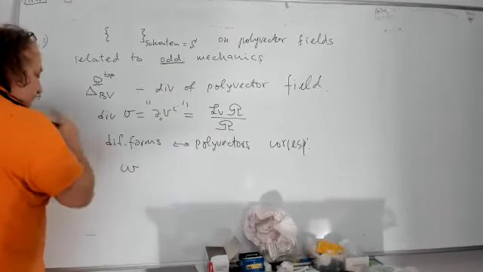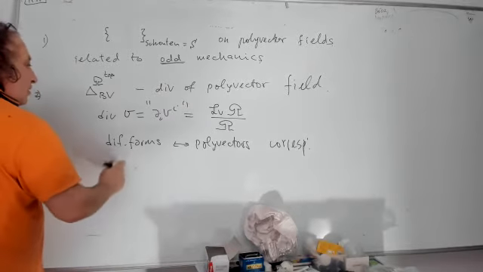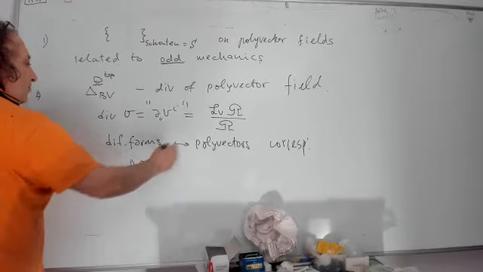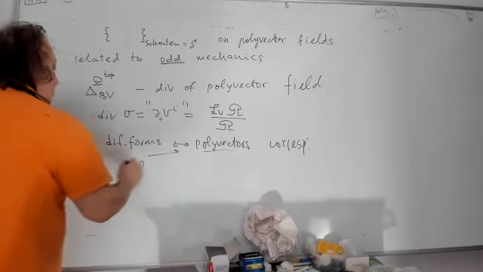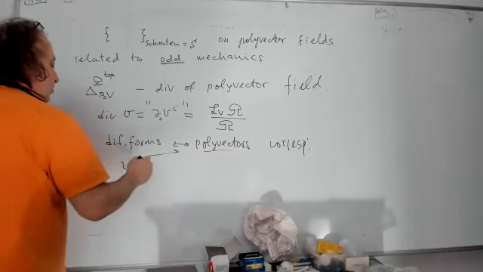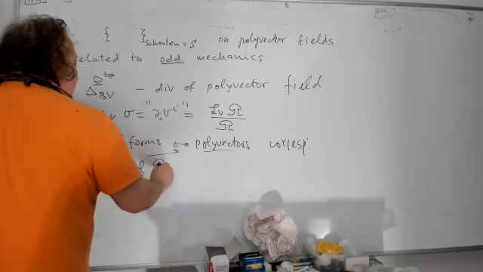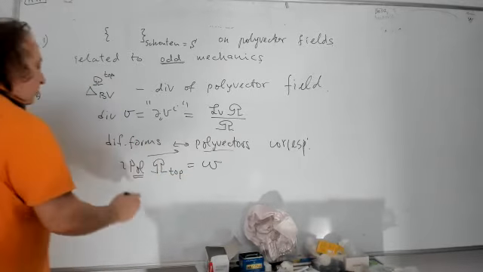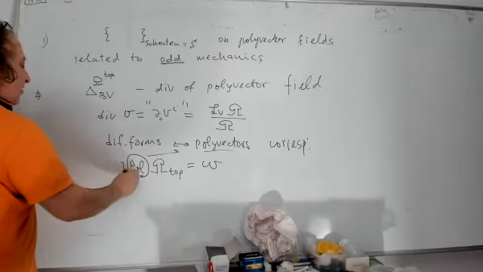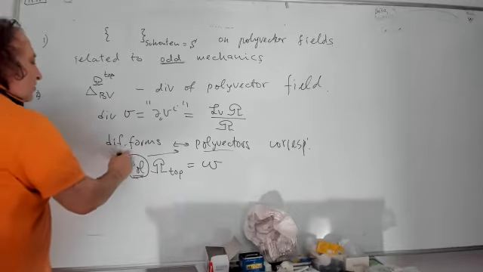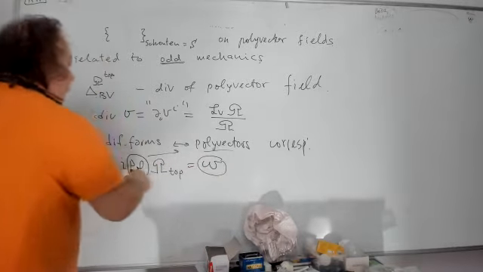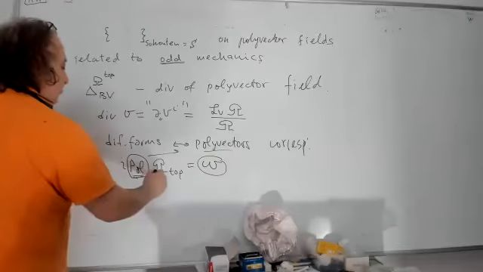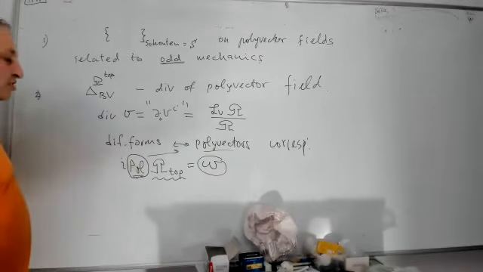So you take a polyvector, you contract this polyvector with the top form, and here we have omega. So here we have a relation between polyvector and differential form that depends on omega top.